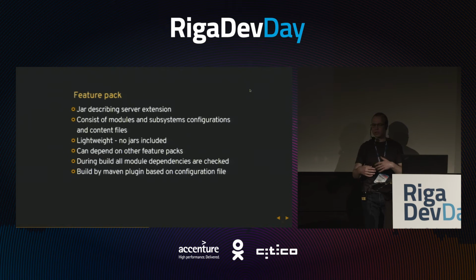So during build, it is checked that all code that is necessary for the feature pack is present, either in the feature pack or in its dependencies. Anyway, when the feature pack is built, what we are obtaining is a jar. It's a lightweight jar. It contains only configuration, but it contains a checked description of part of the server functions.